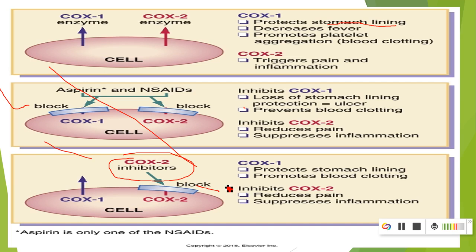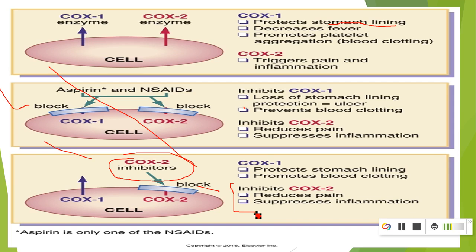And so if you only block COX-2, all our stomach lining will be protected, platelet aggregation, everything will just be as is, right? The whole goal is it's going to help reduce pain and inflammation. So then you ask yourself a question, why do we have the non-selective NSAIDs?